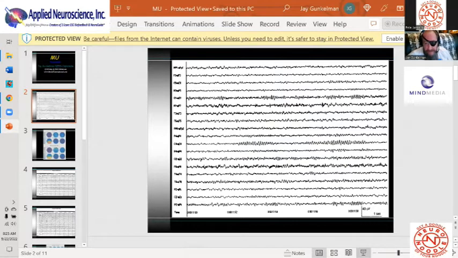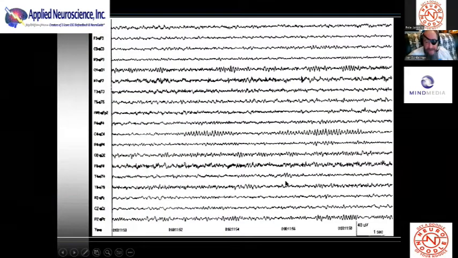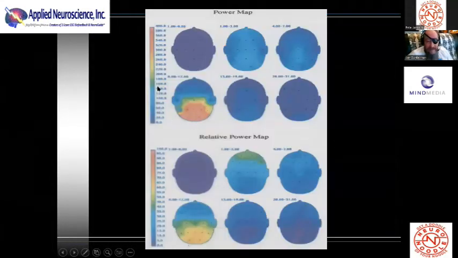Let me project this so they're a little larger images. So this is the mu, and it's seen centrally. And when you look at it in a map with the eyes closed, you see C3, C4 is the mu, and alpha at the back of the head. Barry Sterman, when he came up with SMR as a feature, when he went to the first EEG meeting to present his data, Henri Gastaut, who is a French electroencephalographer, dismissed it as just being mu.